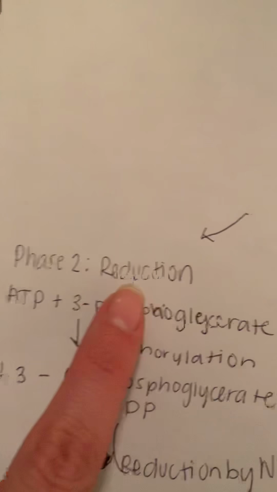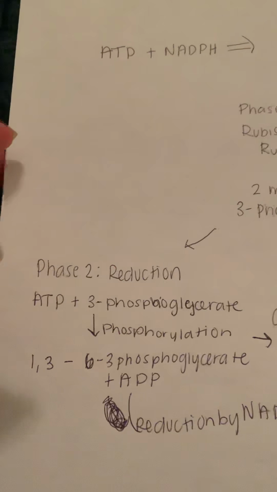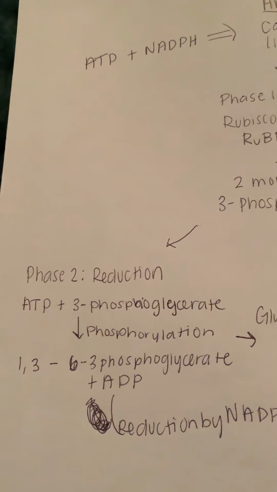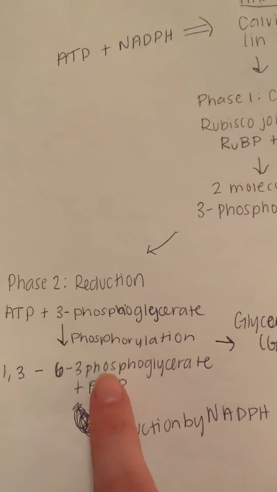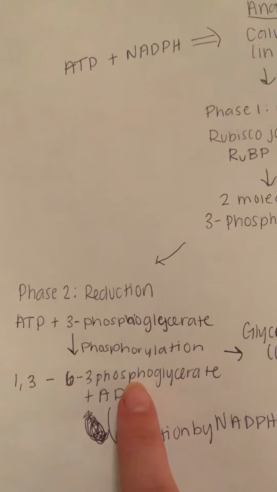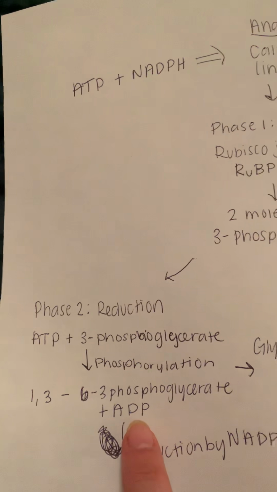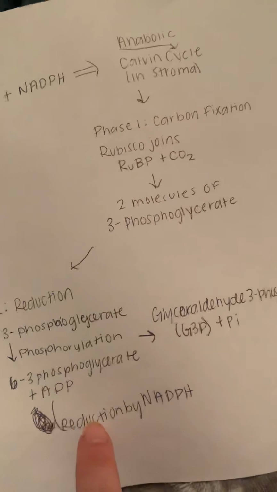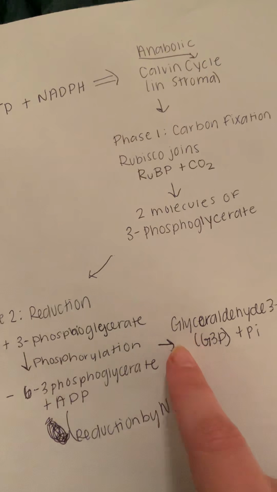So then we go to phase 2, where reduction happens, and we have ATP plus 3-phosphoglycerate, and then we have phosphorylation happening, and then we have 3-phosphoglycerate plus ADP, and this has reduction by NADPH.